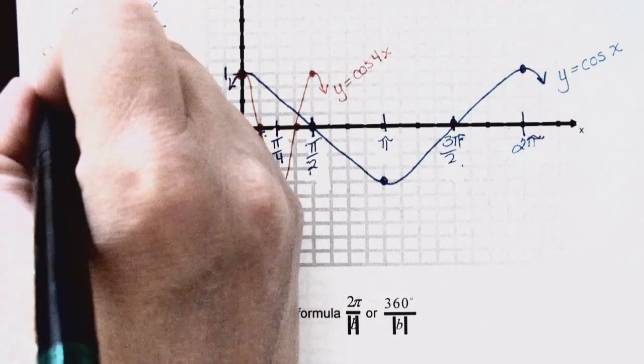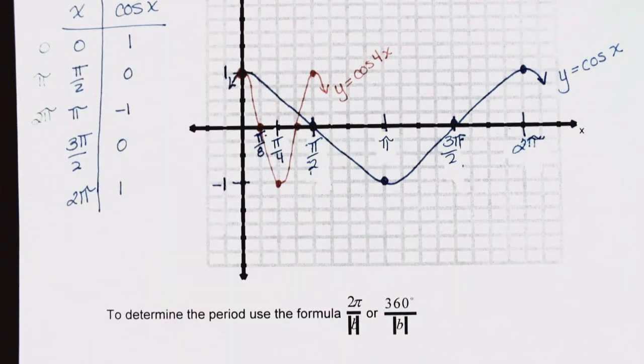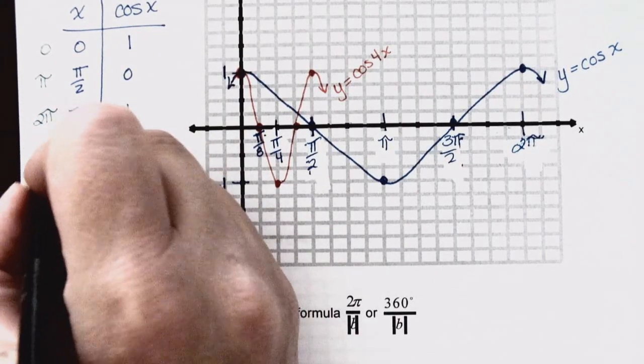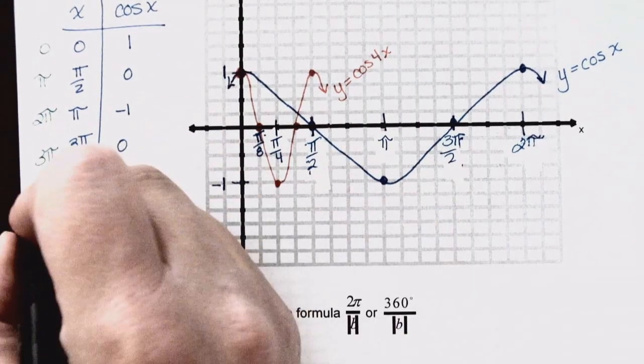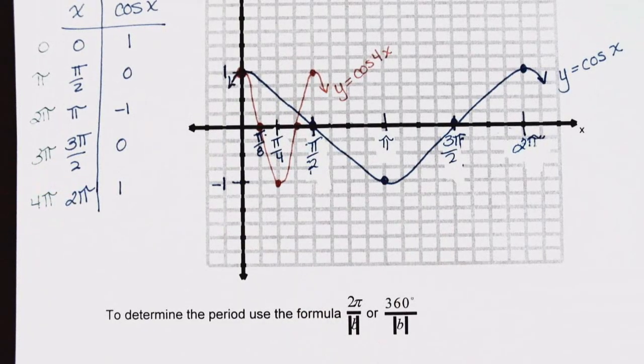This would be pi. That would be 2 pi. 3 pi over 2 is going to be 3 pi. 4 pi. Isn't that beautiful? Aren't those great?